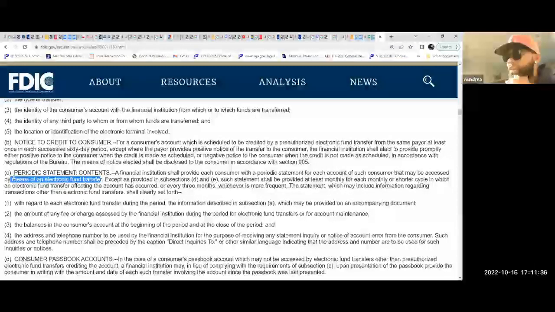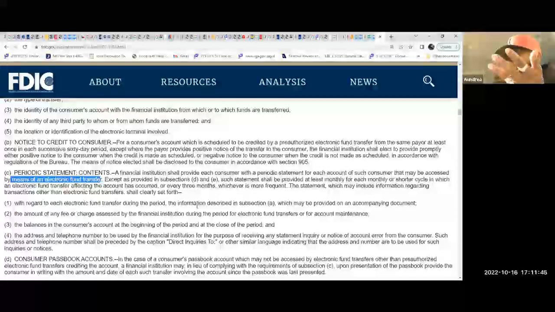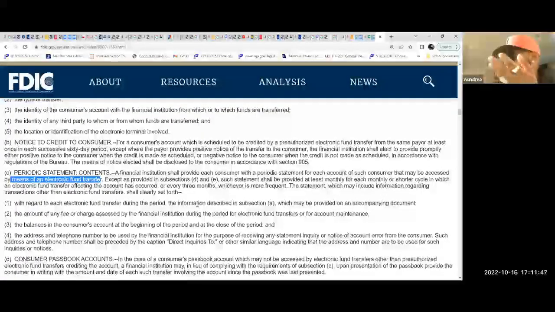We know because we pay them every month. So if you're paying them, then you know they got to be some kind of financial institution, right? That's giving you some kind of statement for each account of such consumer that may be accessed by the means of electronic funds transfer, except as provided in subsection D and E.